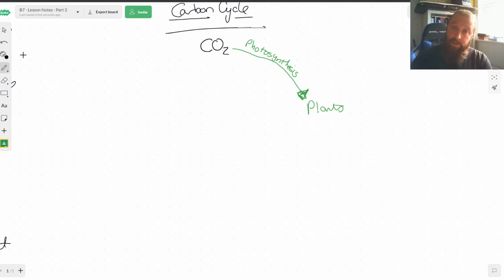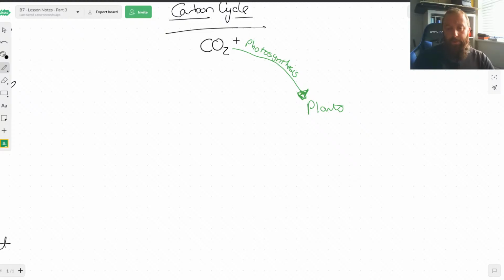They break the bonds because it's a chemical reaction, and they use the sun's energy to break those bonds and make new ones. So they turn that carbon dioxide into glucose, cellulose, proteins, fats, all the different substances the plants need to grow. Because remember, when we eat those plants, or break down dead animals and plants, we use those molecules to build our bodies out of. But to start with, plants have to synthesize those molecules.